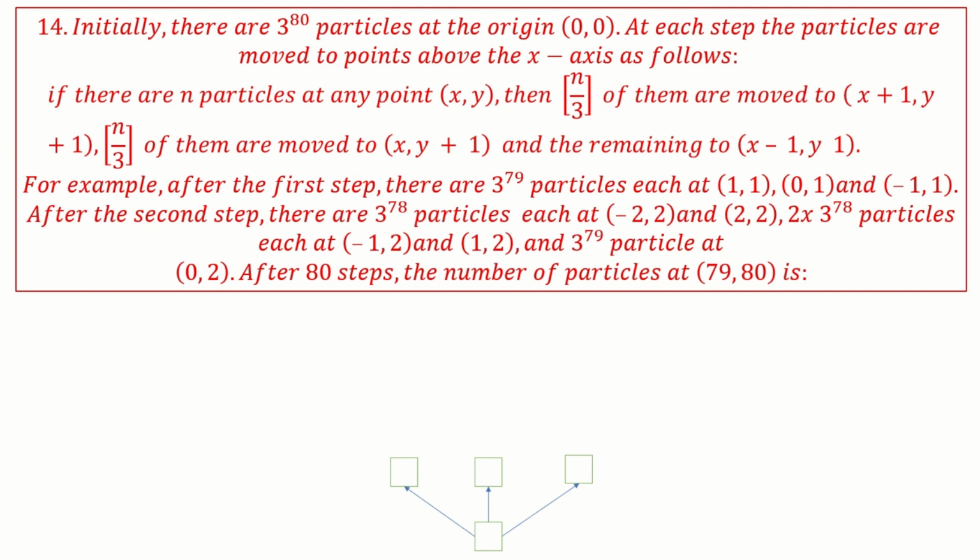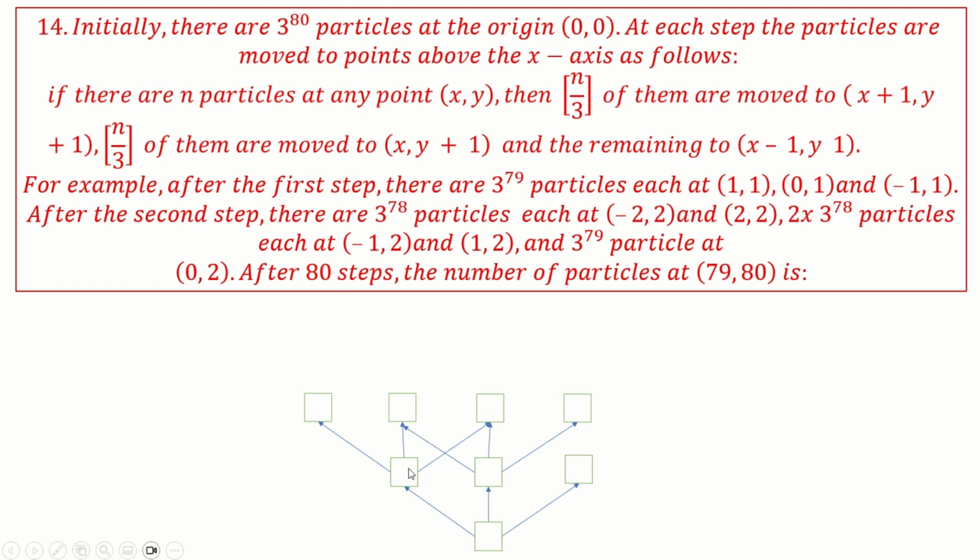So like this, each time it will split into 3 parts. 3 equal parts, and then they will be distributed to the level above. And some of those get summed up also, because from this particle we got 3 splits, and from this particle we got 3 splits, but these two are at the same coordinates, so they get summed up.